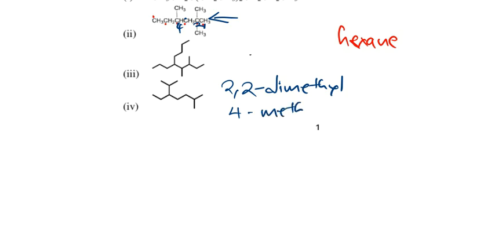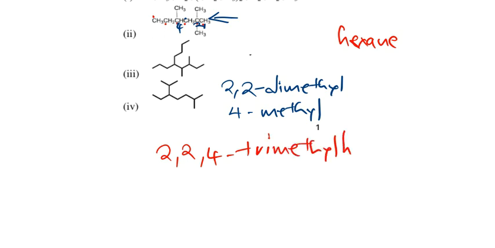So instead of calling it dimethyl, it becomes trimethyl. So say 2, 2, 4-trimethylhexane. That's the full name for that structure. I hope you got that right. You're still at liberty to pause the video and try out the next ones.